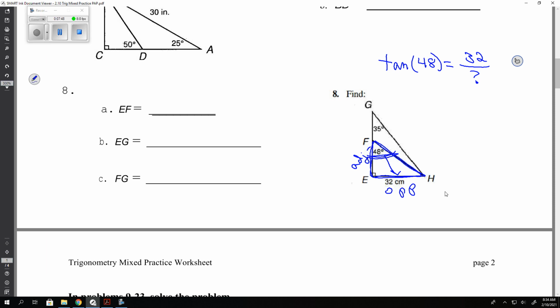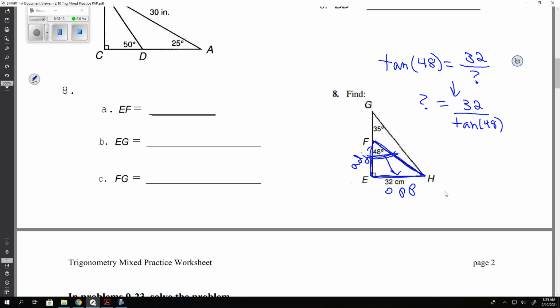Okay, we have the x, the unknown, in the bottom, right? When we have that, what do we do? Yeah, we switch. So we're going to do question mark is equal to 32 divided by the tangent of 48. Okay, so let's type that in our calculator.